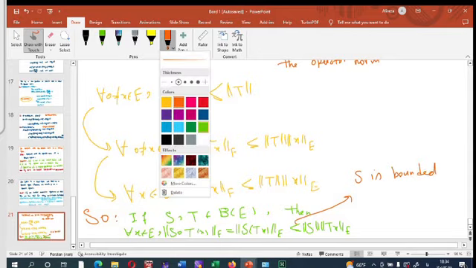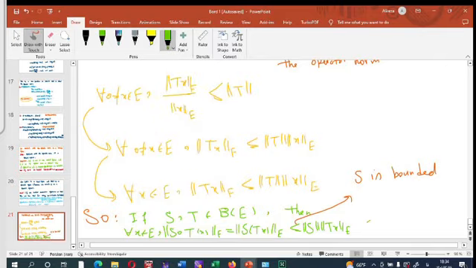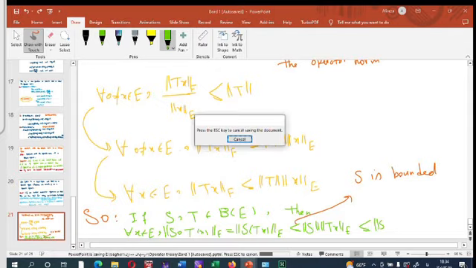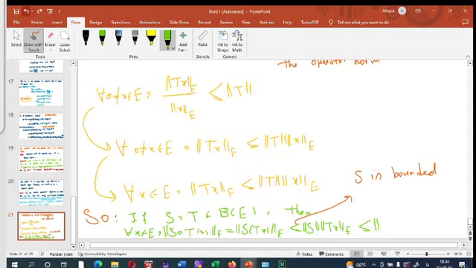And also this is less than or equal to the operator norm of S multiplied by the operator norm of T multiplied by the norm of x, because T is bounded. Okay?